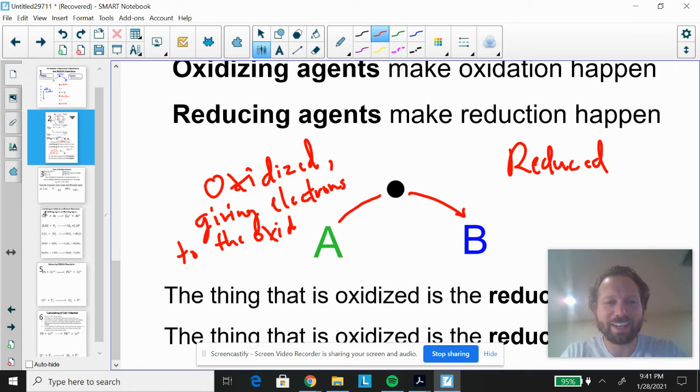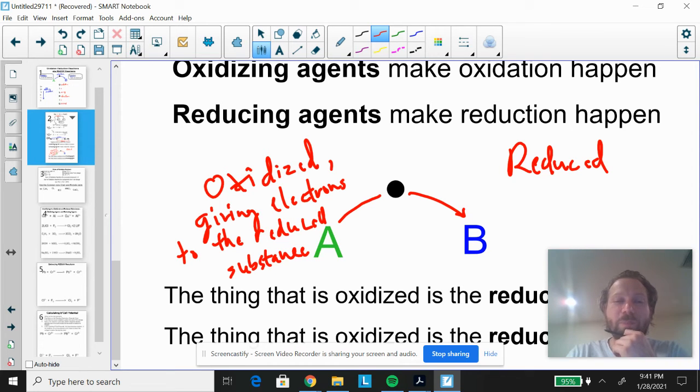I should backtrack for a second. It's giving electrons to the reduced substance. Apologies for that. It's giving it to B, right? And the reason why we call it the reducing agent is because it's helping B to be reduced. How? By giving it electrons to help it be reduced. So we call that the reducing agent.